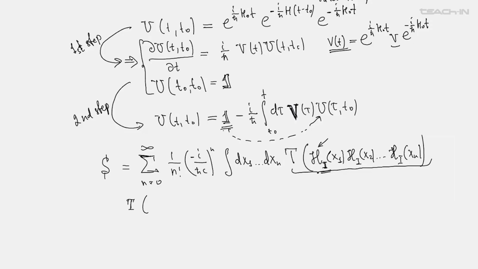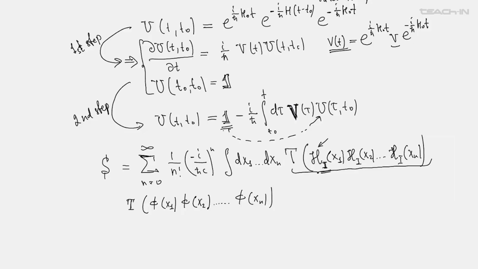For instance, if you have just one field in the theory, say Klein-Gordon theory, where you have just phi of x, then at the end of the day, you need to compute such a quantity, the t-ordered product of the field phi taken at different space-time points, where the field phi essentially is free.